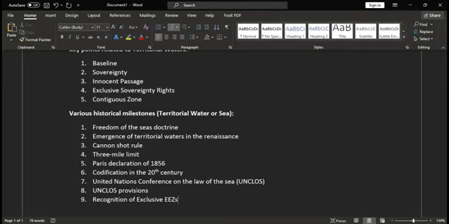Sixth, codification in the 20th century. Seventh, United Nations Conference on the Law of the Sea. Eighth, UNCLOS provision. Nine, recognition of the exclusive economic zone. We don't explain them one after the other.